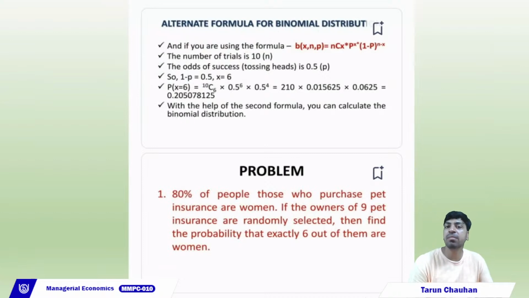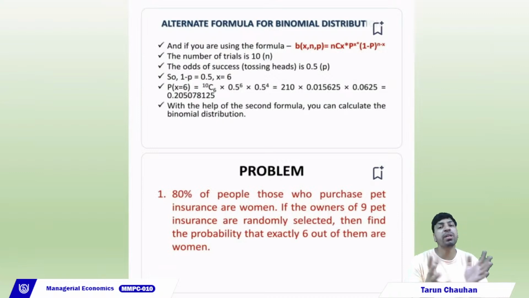So x is given, n is also given, p is also calculated, q is also calculated. So just put the values into the formula. That is 10 C 6, n is 10, into 0.5^6 into 0.5^4. So once you get the values, 10 factorial over 6 factorial times 4 factorial.